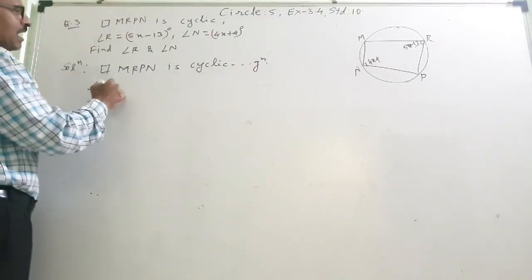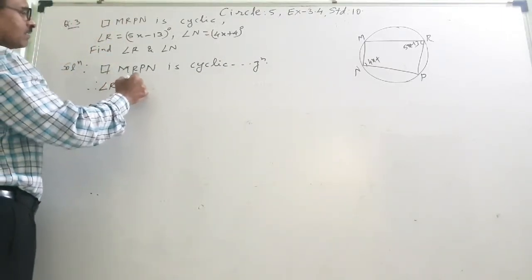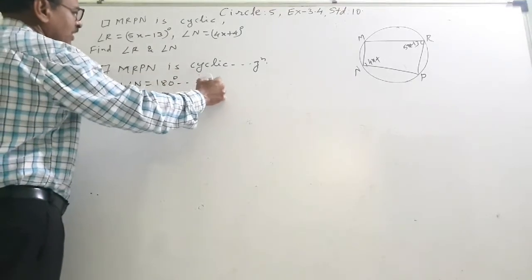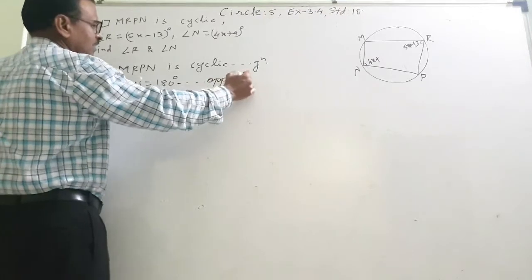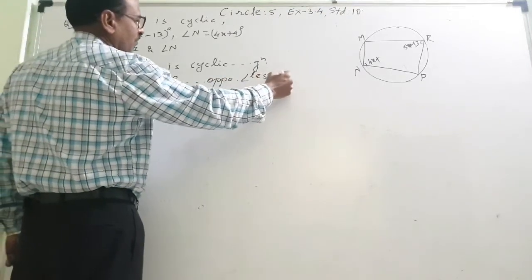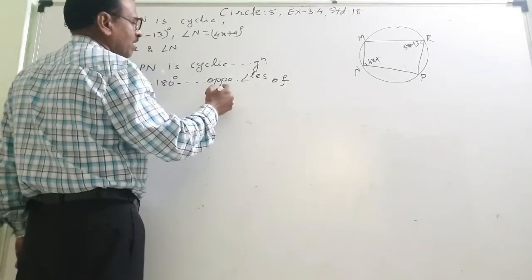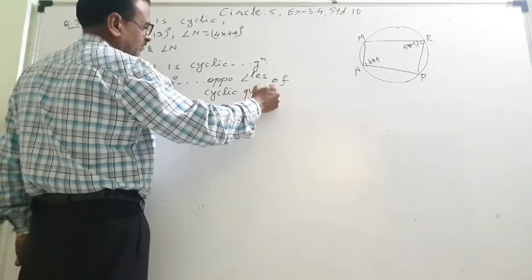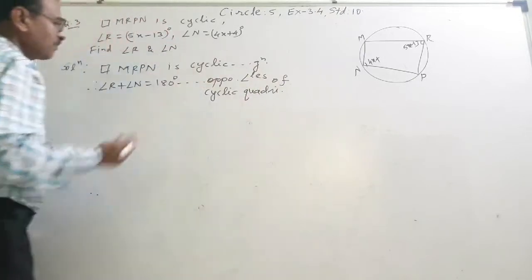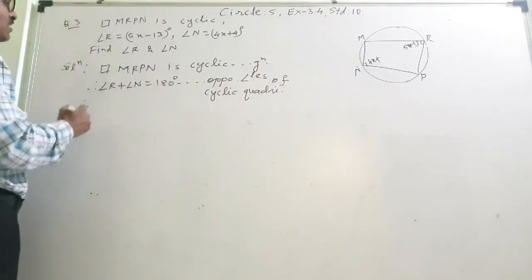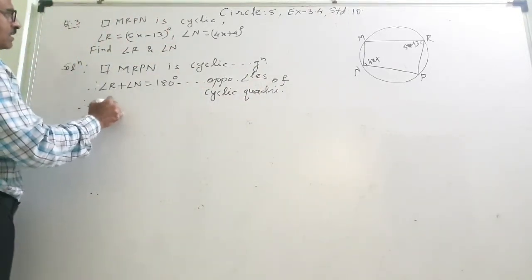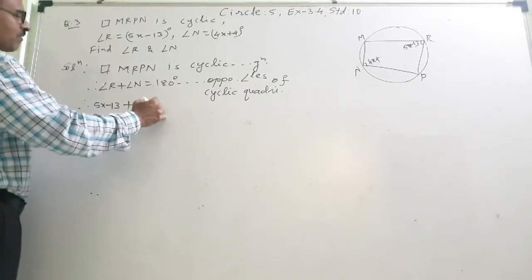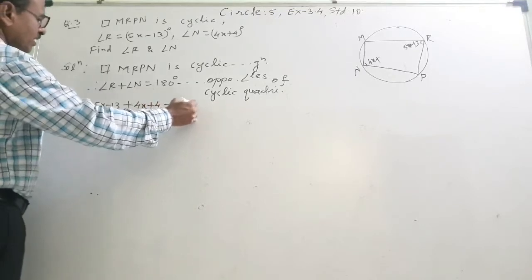Therefore, angle R plus angle N is equal to 180 degree. Reason: opposite angles of cyclic quadrilateral are supplementary. Therefore, R is 5x minus 13 plus, this is 4x plus 4, and this is equal to 180 degree.